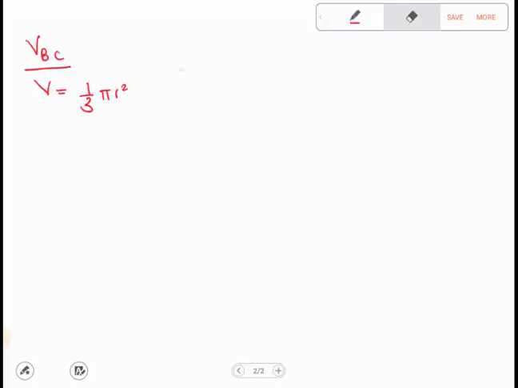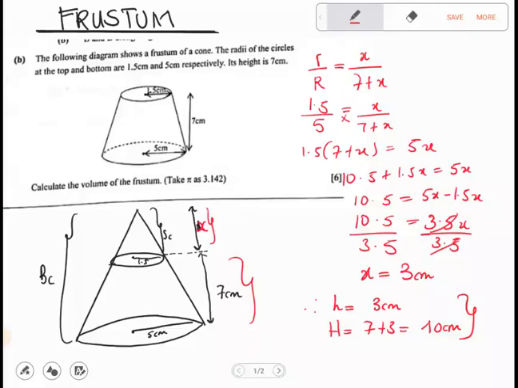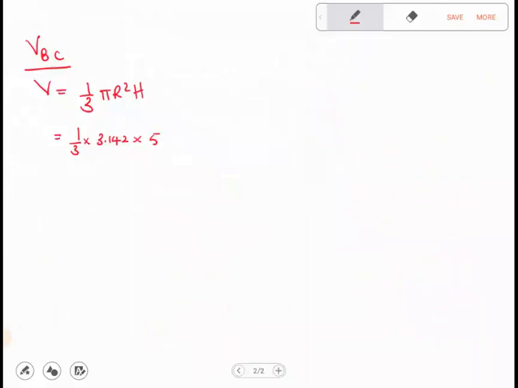Now we are going to use capital letter R and capital letter H, so 1/3 π R squared H. Now we plug in: 1/3 multiplied by pi, which has been given as 3.142, multiplied by the radius of the bigger one, which is 5 centimeters squared, multiplied by the height, which is 10 centimeters.